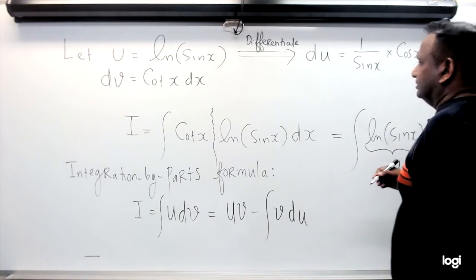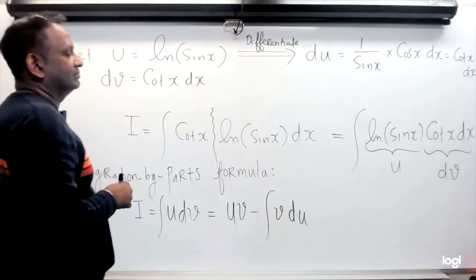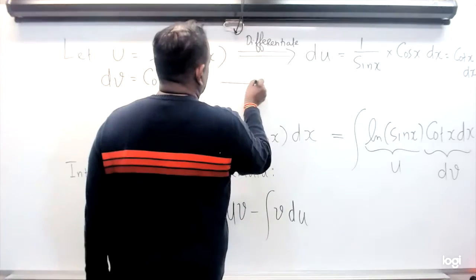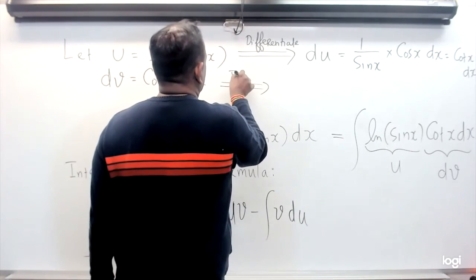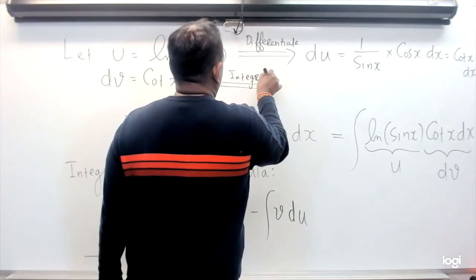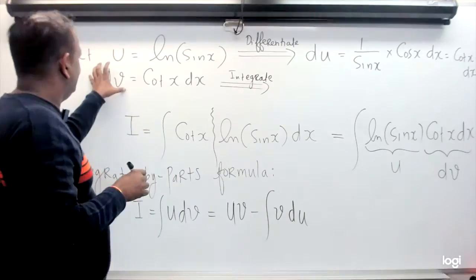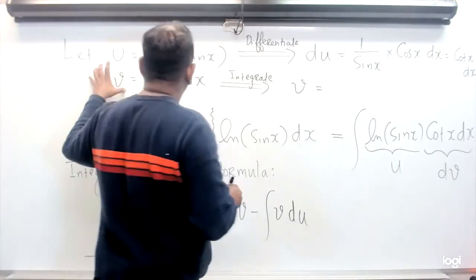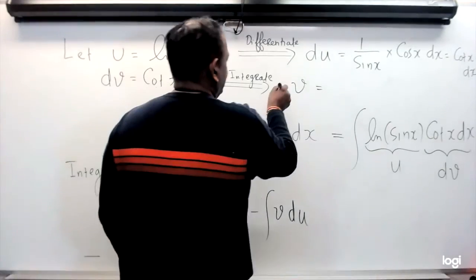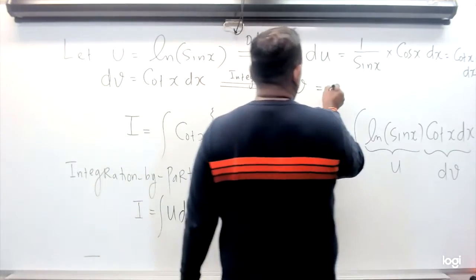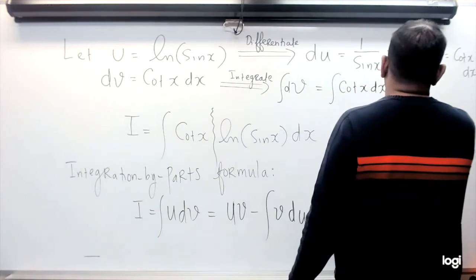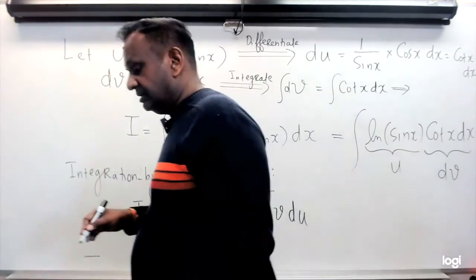You know that. From this one, you should integrate to get v. That means once you integrate this side, you get v. Once you integrate, that means I'm writing this one, okay? This is what I meant. You integrate.